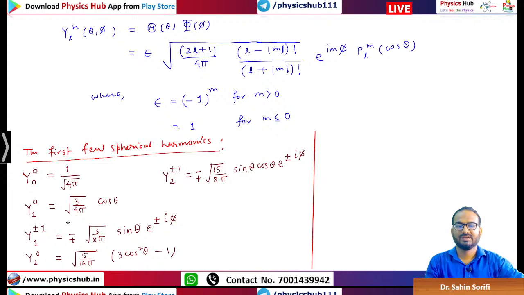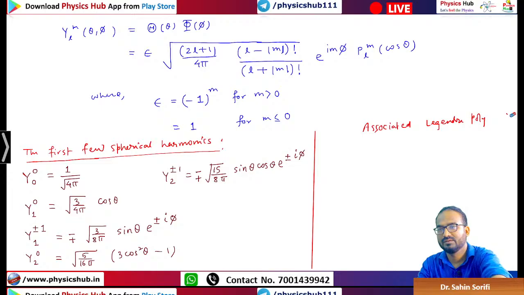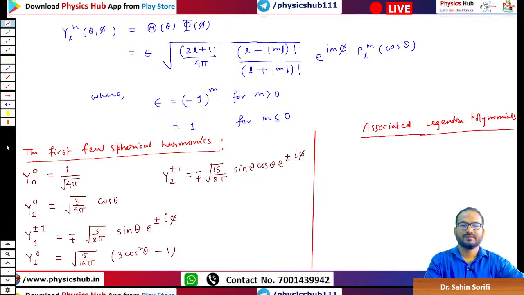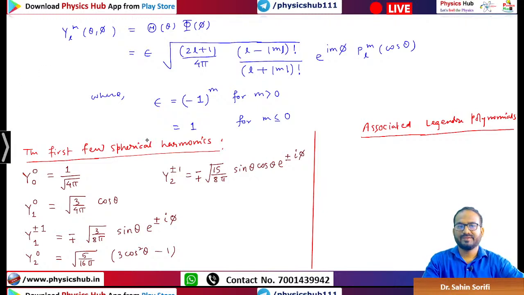Although that is not necessary, you can just remember this, but to understand how these terms are coming, you see, P 0 0 of cos theta is equal to 1.